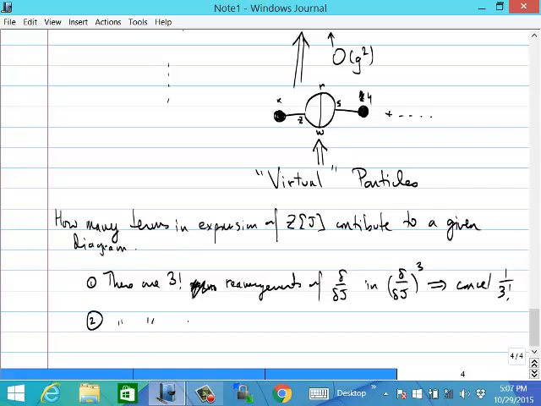And similarly, there are 2 rearrangements of, say, the j's in the j delta j, which will cancel the 1/2.